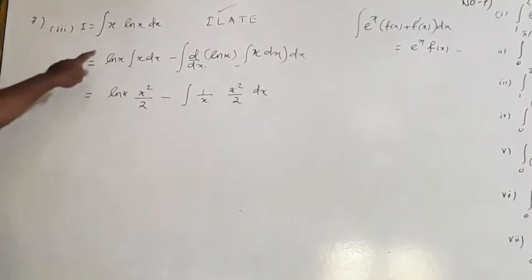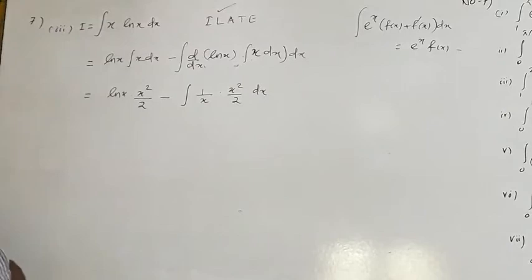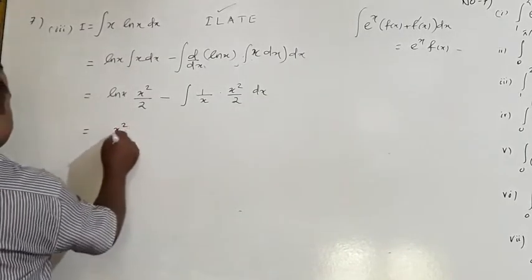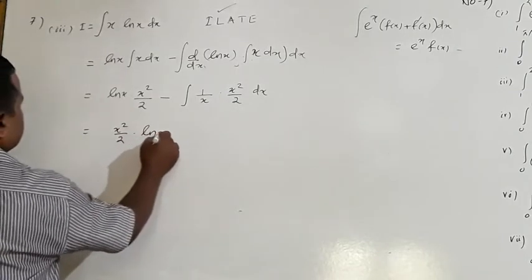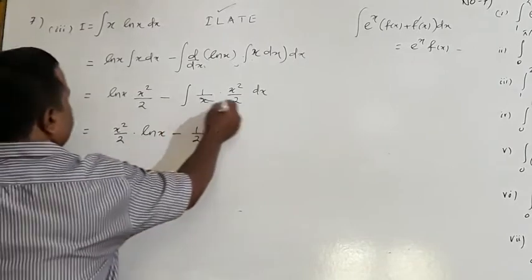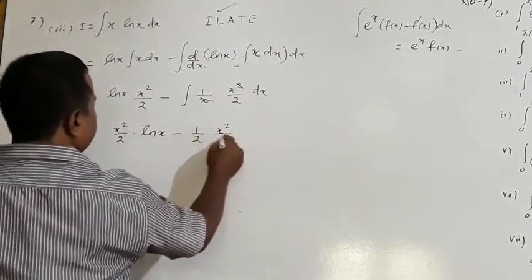Now x ln x. So ln x is the first function, algebra is the second function. A means algebra. First integration of second minus derivative of first, integration of second, whole integration. So ln x into x square by 2. I am writing it as x square by 2 into ln x minus 1 by 2 integration of what? Integration of x dx, and x dx is x square by 2.